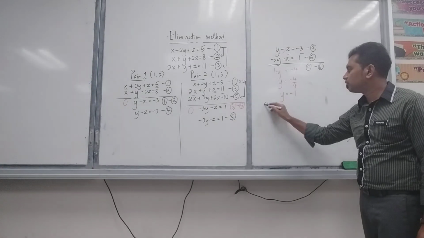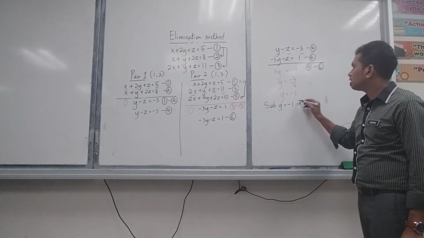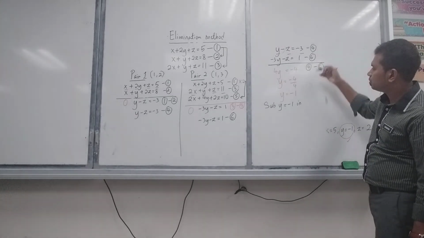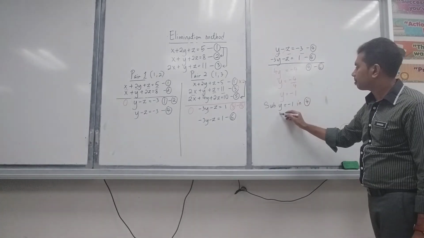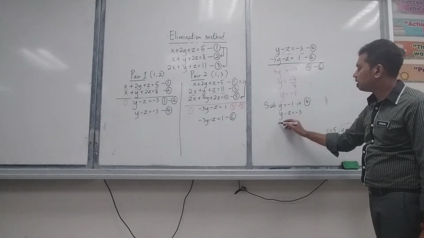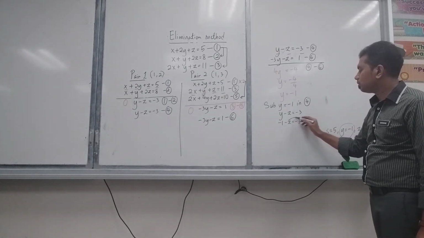Okay. So what do you do? Substitute in. Which one you can choose, 4, you can choose 6, up to you. Let's say I choose 4. What is the y? Negative 1. So you can bring it here.